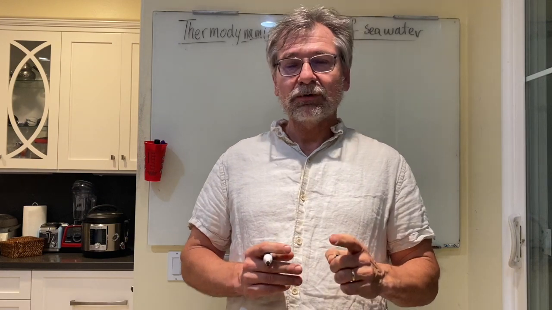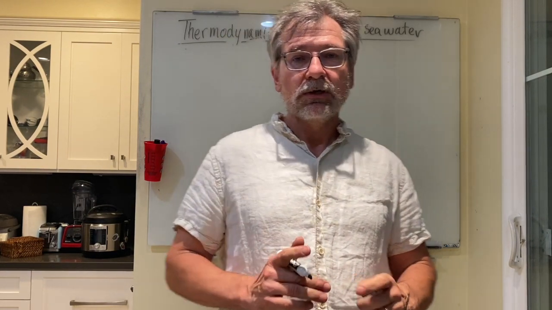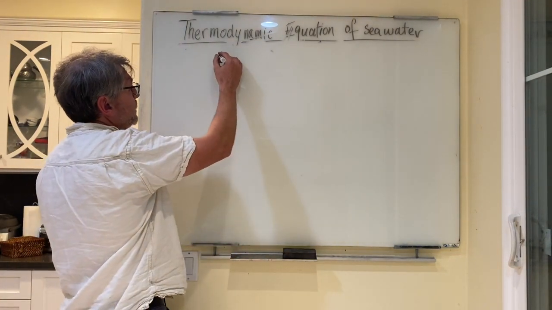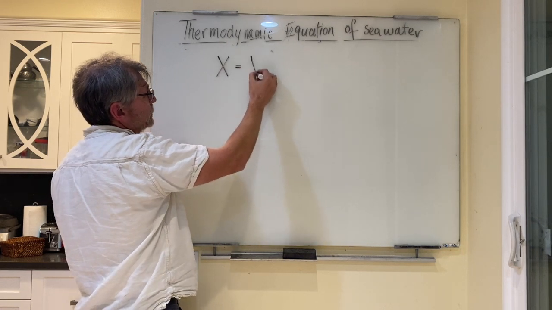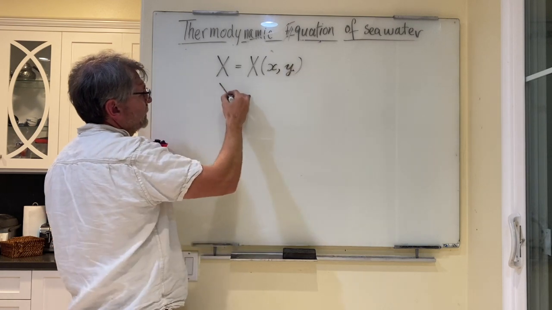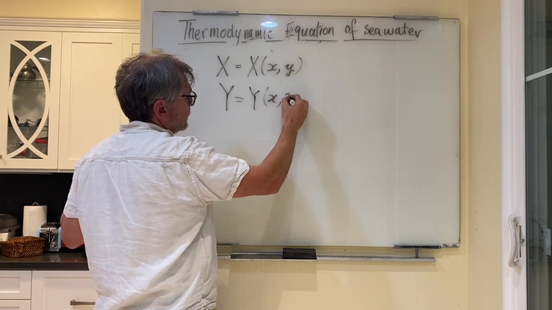All right, so now we're going to do a little bit more of calculus and linear algebra together. So I'm going to do an example. Suppose we have a function, big X, which is itself a function of little x and little y, and another variable, big Y, which is a function of little x and little y.